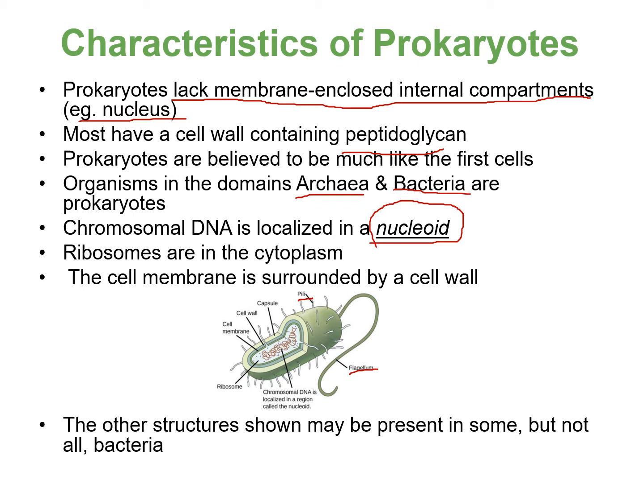Another important characteristic for prokaryotic organisms is that their ribosomes are found in the cytoplasm, and they have their cell membrane surrounded by a cell wall.